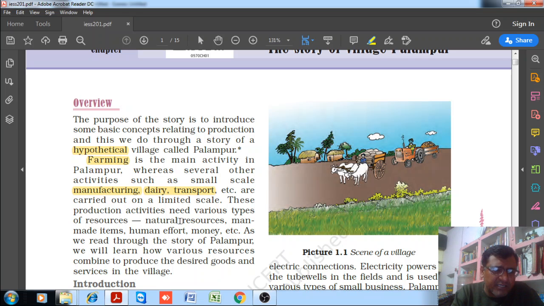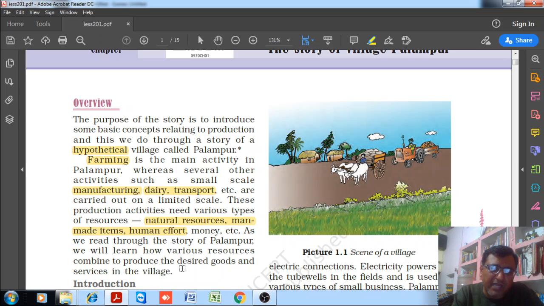After that, these production activities need various types of resources. Already you have studied this concept in the last class. What are resources? Resources are natural, man-made, and human beings themselves are resources. Natural resources, man-made resources, and human efforts.